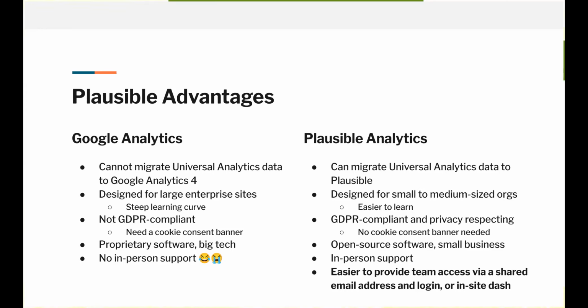Google Analytics 4 was an attempt to become compliant, because right now Google Analytics is not. So it's straight up illegal to use Google Analytics in Europe, and that's been decided in several different courts in France, Austria, and somewhere else, I think the Netherlands.